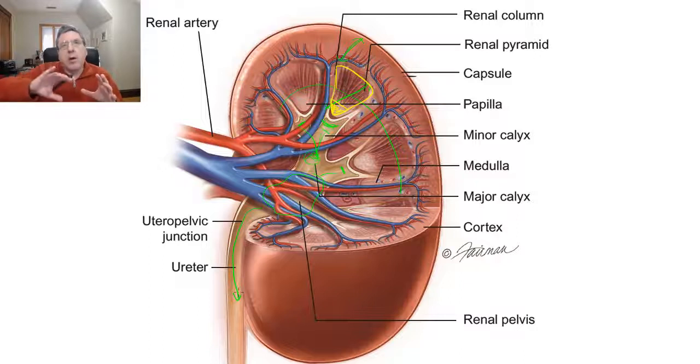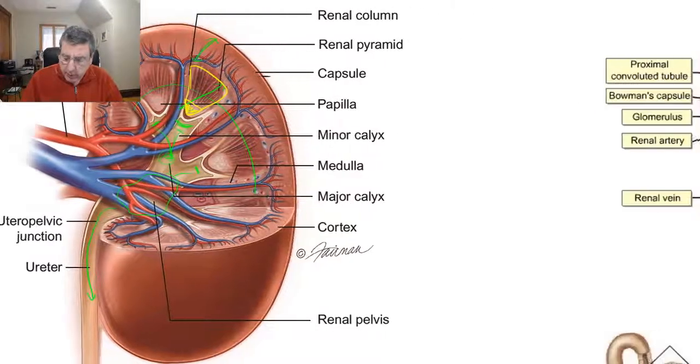But the process of urine formation, as it goes through the nephrons and the collecting ducts, will end up draining through the renal papilla, into the minor calyces, major calyces, pelvis, and then ureter to the bladder. Okay, so that is your basic gross anatomy review.